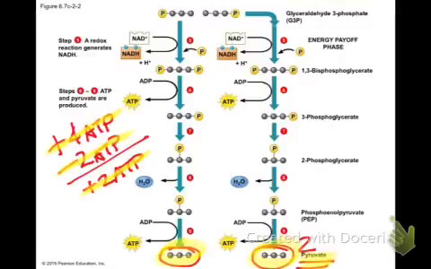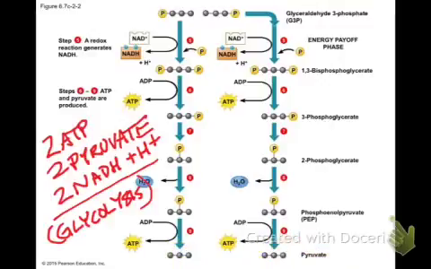Which in and of itself is an arduous process, but we have more. So let's take a look at how pyruvate is oxidized and converted into acetyl coenzyme A. Before I move on here, let me just summarize a little bit. We have a net of 2 ATP. We have 2 pyruvate.